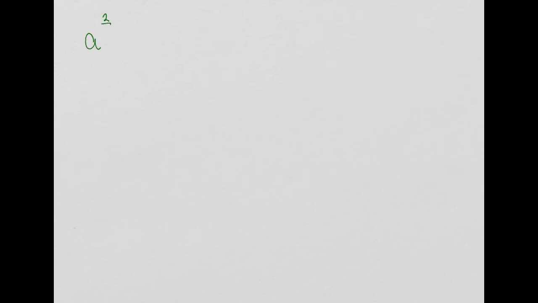If I have a to the 2/3 divided by a to the 1/9, so I have a to the 2/3 minus 1/9. Again, we have to get a common denominator. My common denominator is going to be 9. So for this first one, I'm going to switch this to ninths. 3 times 3 is 9. 2 times 3 is 6.